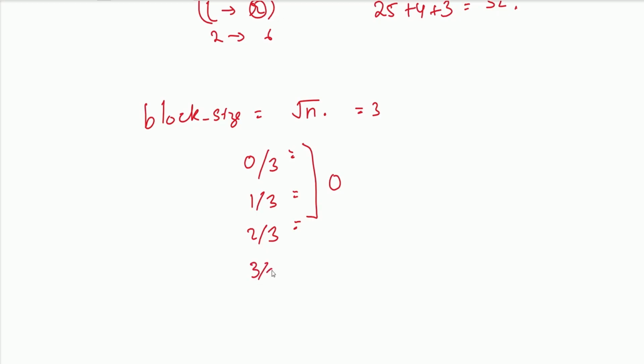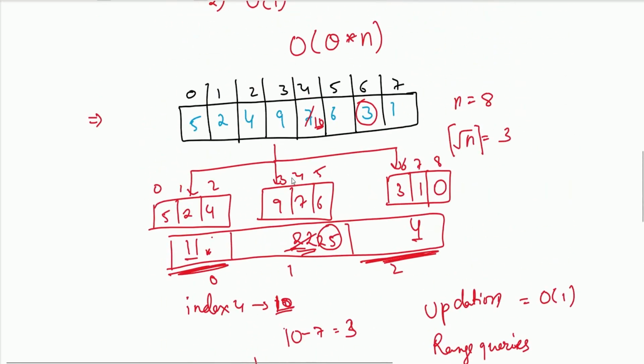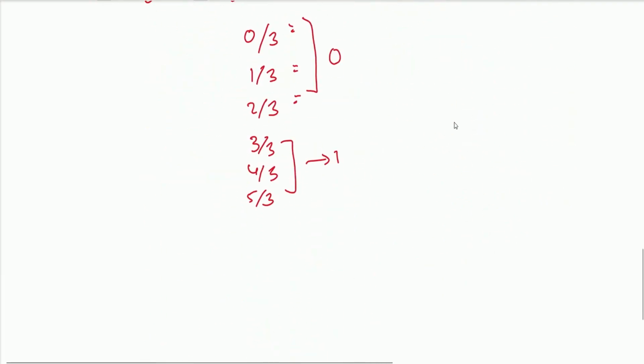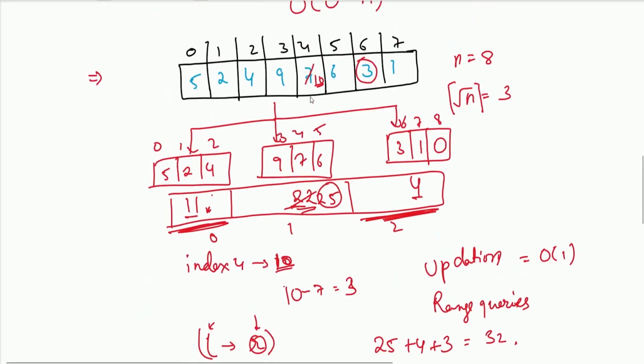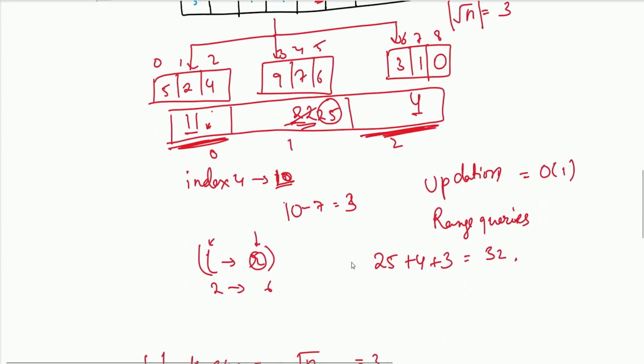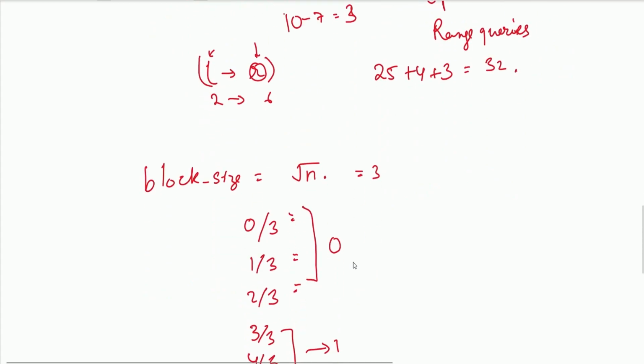If you do 3 divided by 3, 4 divided by 3, 5 divided by 3, you get 1, and 3, 4 and 5 belong to block number 1. Similarly 6 divided by 3 or 7 divided by 3, you get 2. So you can go from index to block directly. This is the formula to go from index to block.